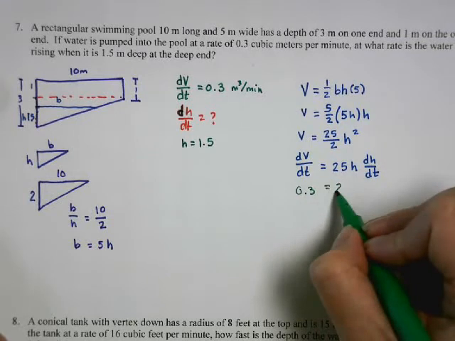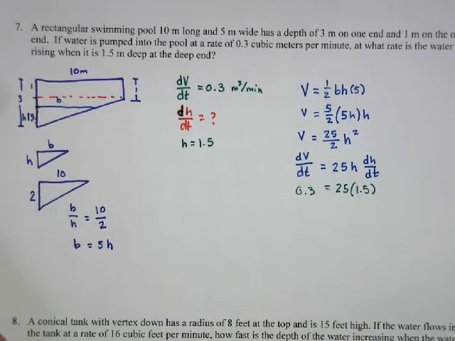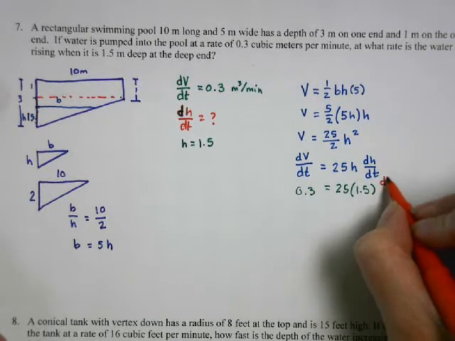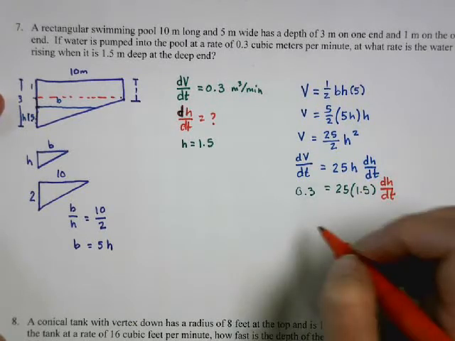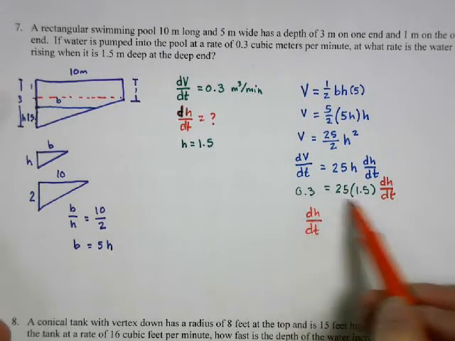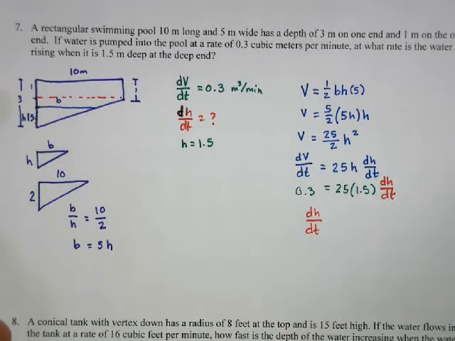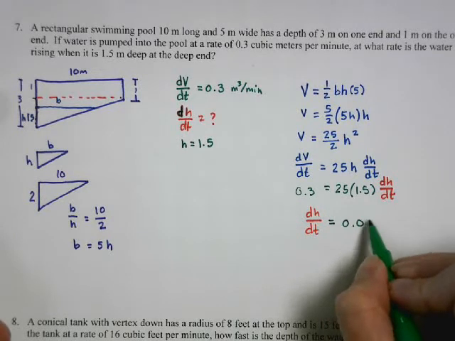We're trying to solve for dH/dt. dH/dt, when all is said and done, is going to be 0.3 divided by all of that, which you can dump right in the calculator, is going to be 0.008. This would be in meters per minute.